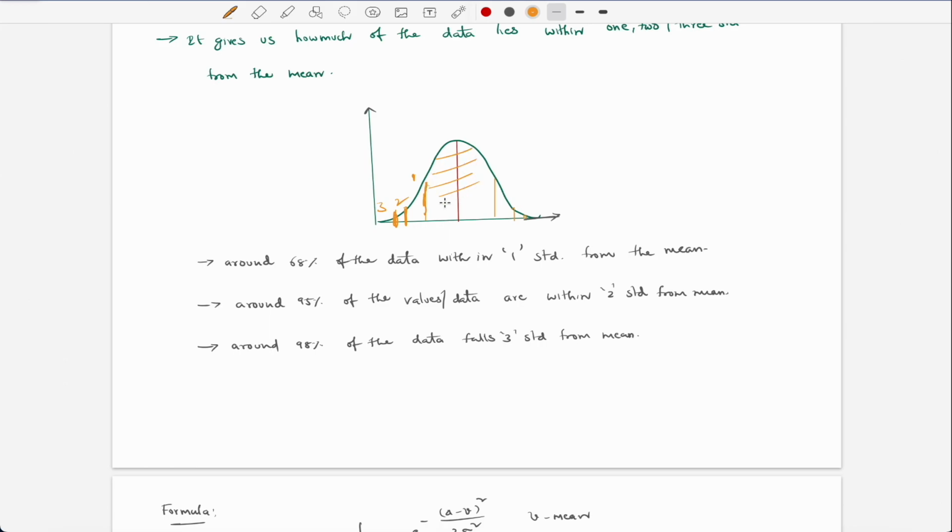Here is 68% of the data, and I'll change the color. Here it is almost 95%, and this is almost 98%. I hope you understand this, right?